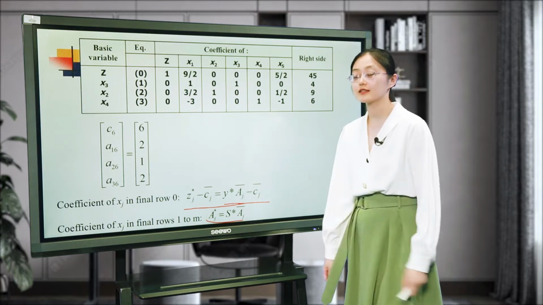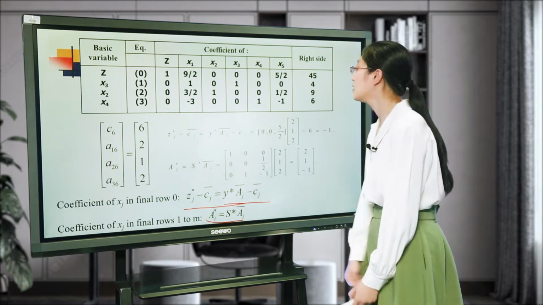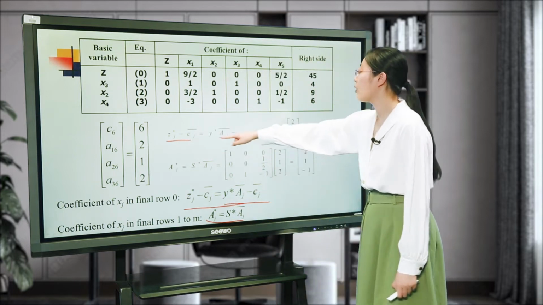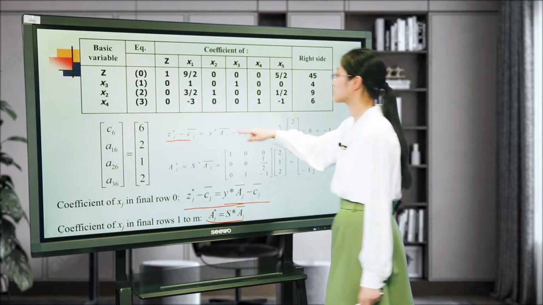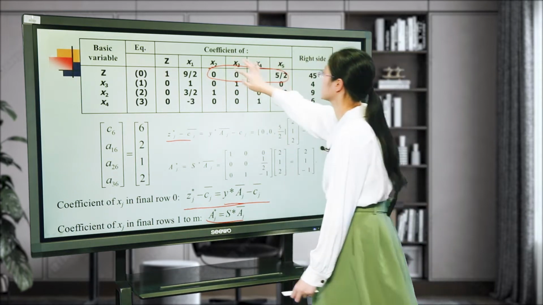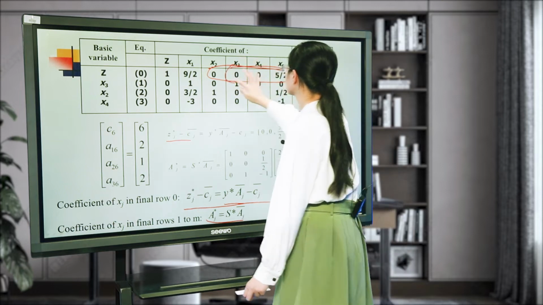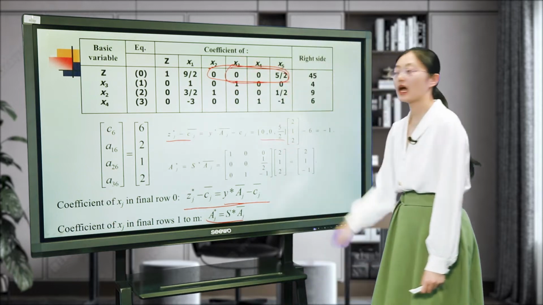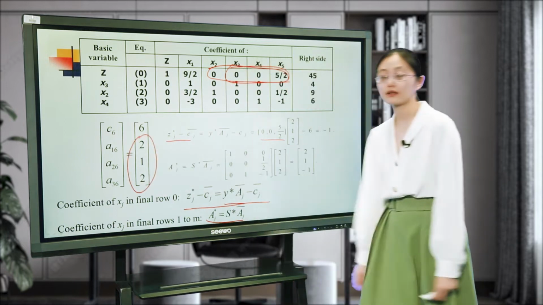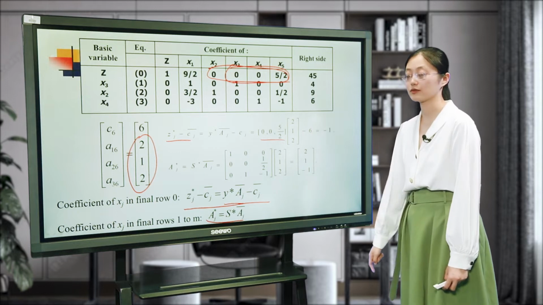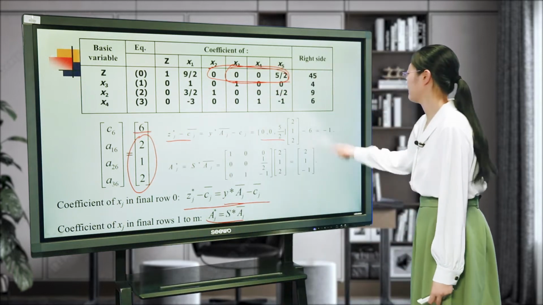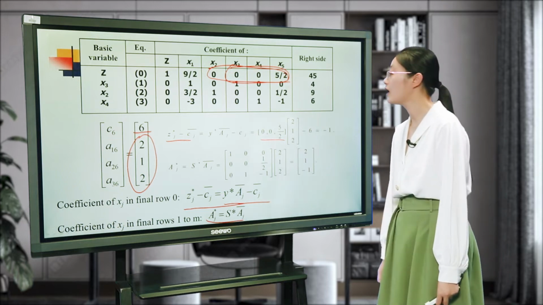By applying these formulas, the coefficient in equation 0 will be y star aj bar, which is y star, reading from the top, the values of the slack variables here, 0, 0, 5 halves, times aj bar, the column vector in the constraints, so 2, 1, 2, minus cj, 6, and we find this is negative 1.